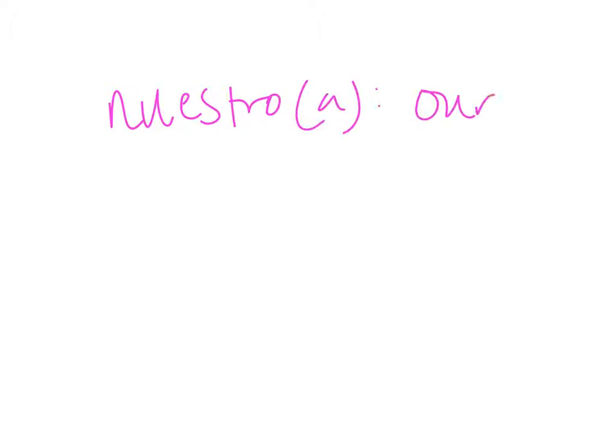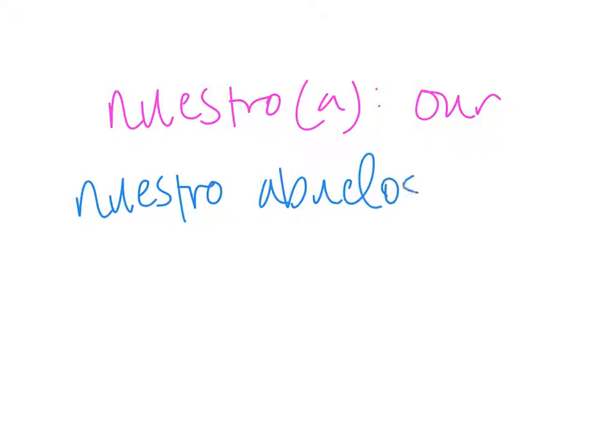All right, now one of the things that you saw was this adjective nuestro or nuestra, which is like our. All right, so those also must agree in gender, okay, with the nouns that they describe. So if you wanted to say our grandpa, it would be nuestro abuelo.